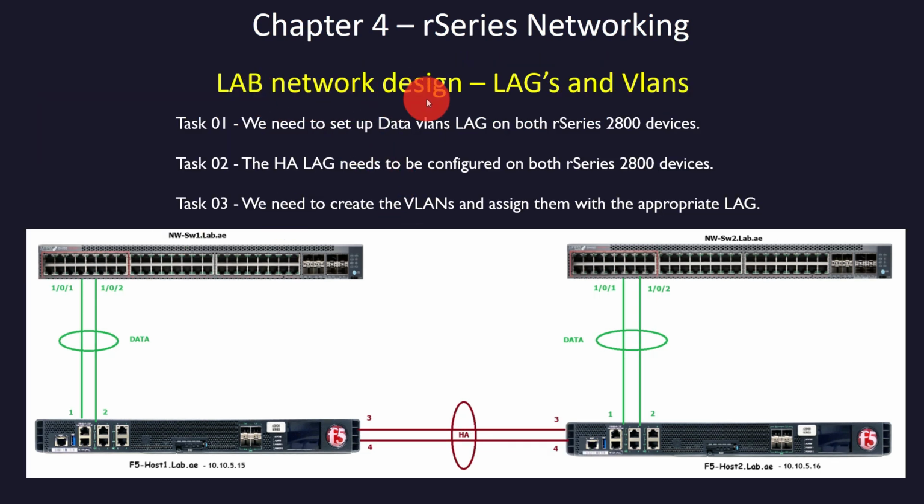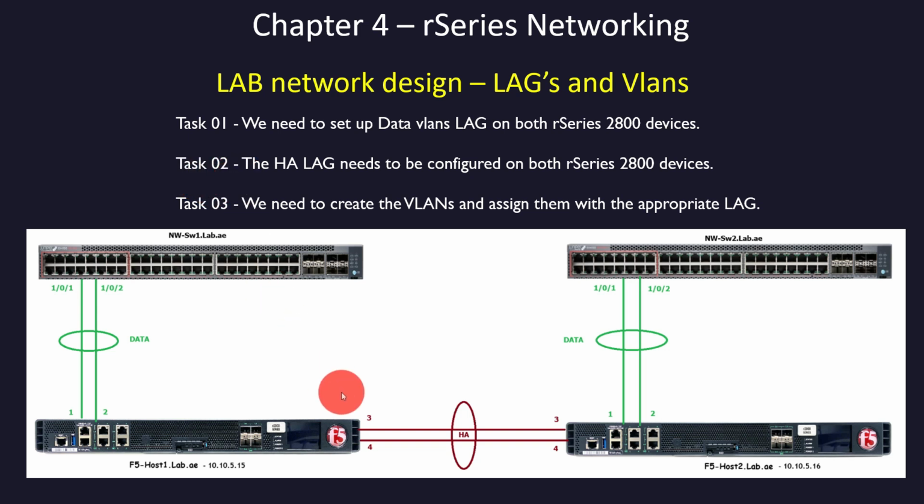As part of our lab network design, we are going to complete 3 tasks. Task 1: we need to set up the data VLAN LAG on both rSeries 2800 devices.